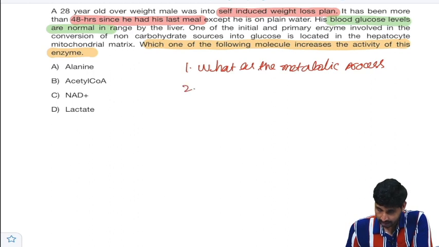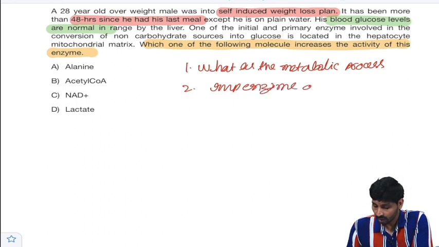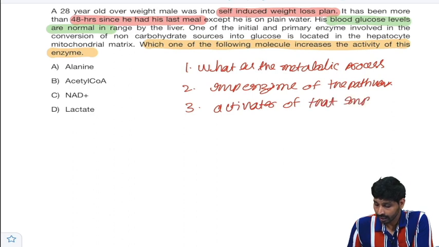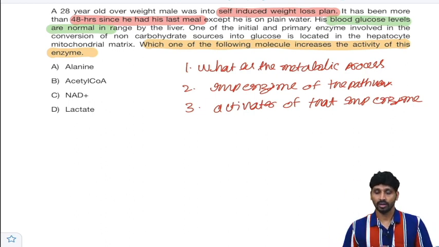And second is the important enzyme of the discussed metabolic pathway. Third thing to know is the activator of that important enzyme. So this is like reverse learning, going from bottom to top, right?